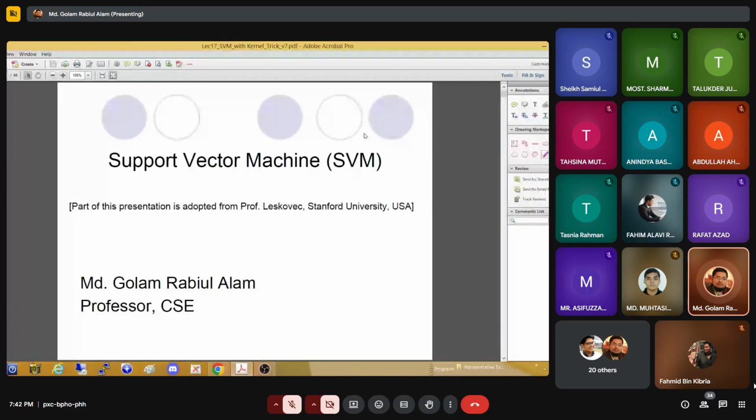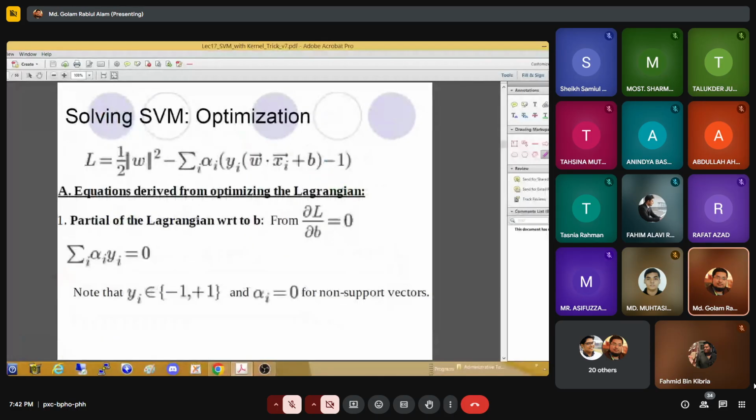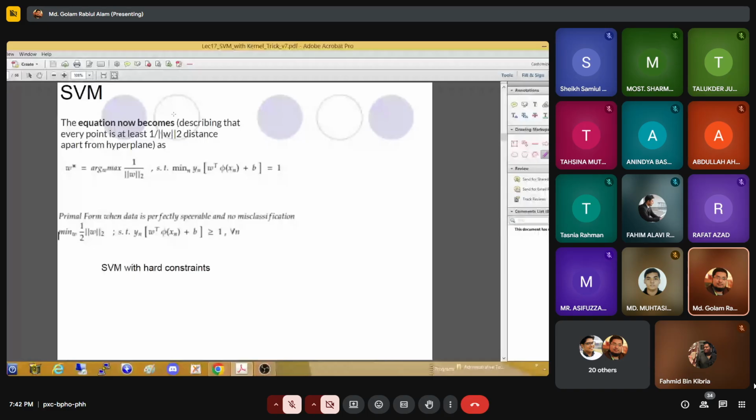In our last session, we have already started discussion on support vector machine. I want to continue the discussion. I think in our last class, we have derived this formula, that is the support vector machine for hard constraints.